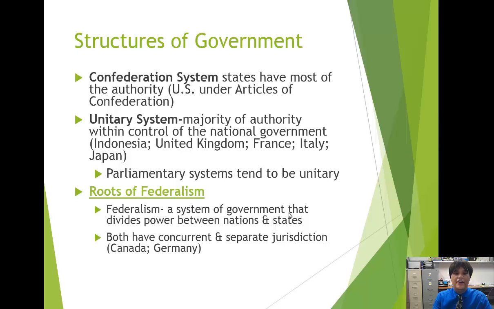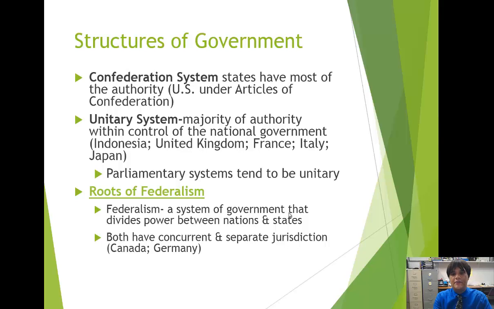So states have most of the authority, and this happened in the United States under the Articles of Confederation. Under the Articles of Confederation, you had a national government, but the national government was very, very weak, and the Articles of Confederation gave all the power to the state governments. Now for my federal government course, we talked about this last week when we talked about the Articles of Confederation.